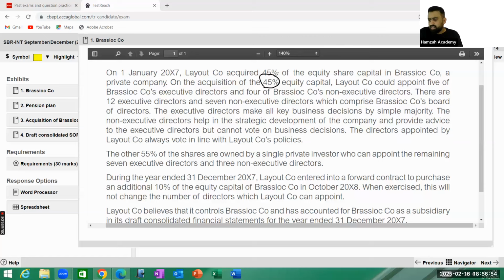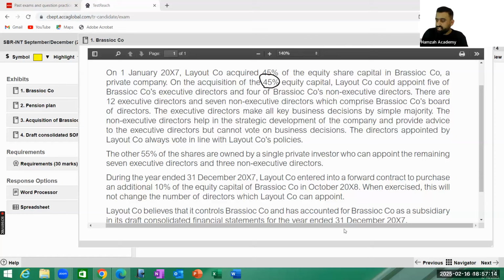Now, during the year ended December X7, Layout company entered into a forward contract to purchase an additional 10% of the equity capital of the B company in October X8. When exercised, this will not change the number of directors which Layout company can appoint.